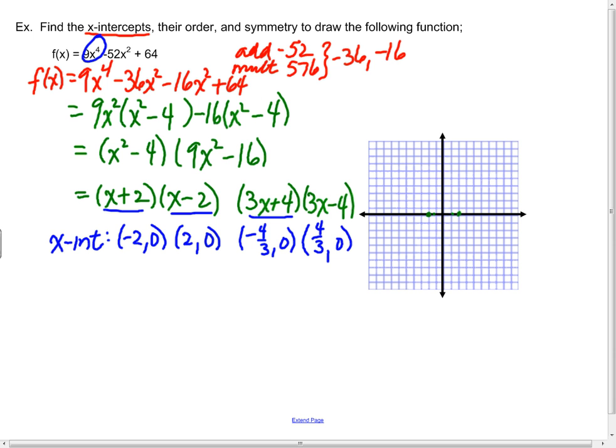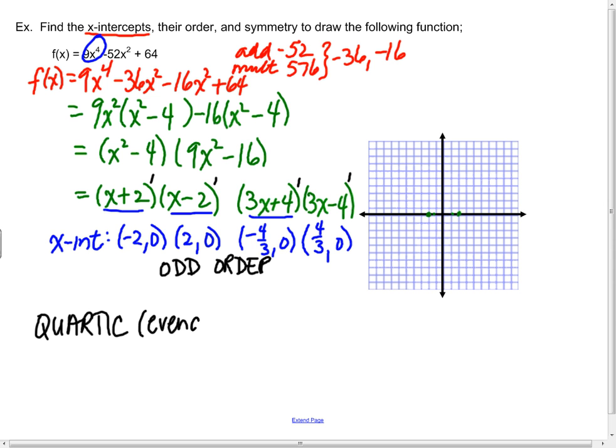Each of those x-intercepts, each factor is to the power of 1, each one. So all of these are of odd order. So that means the function will pass through each point. I also know that I have a quartic, which is an even degree.